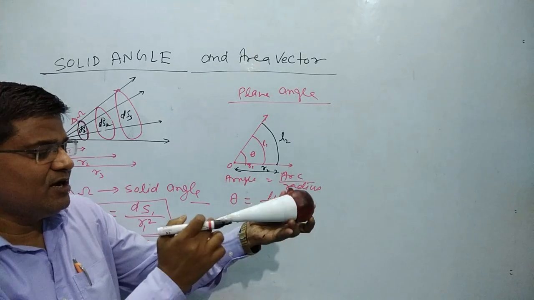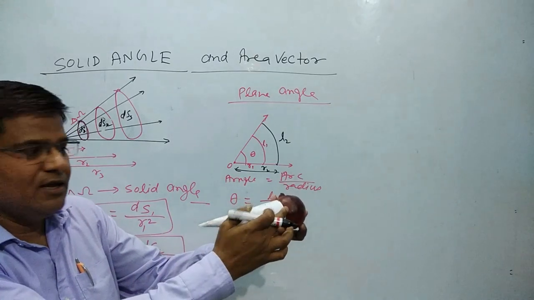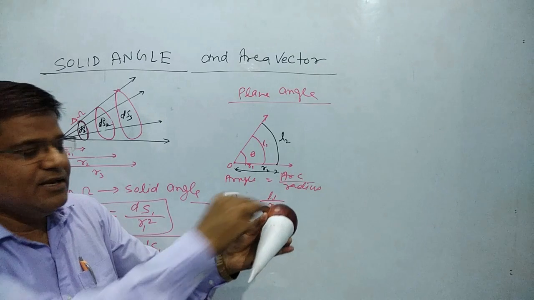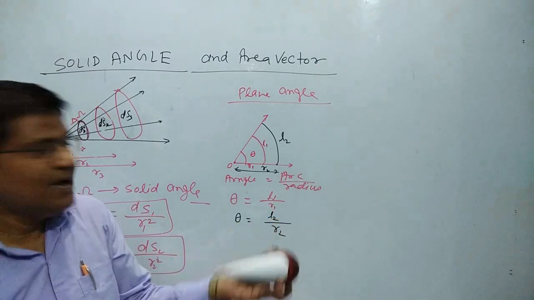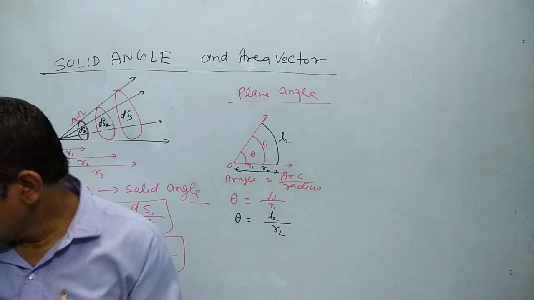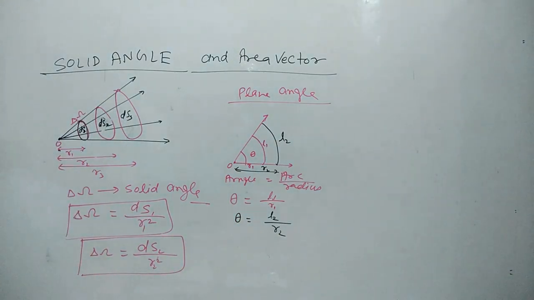The distance from the point is also more. And if you cut this one, then the area becomes less and the distance becomes less, but the angle is the same, like a plane angle also.